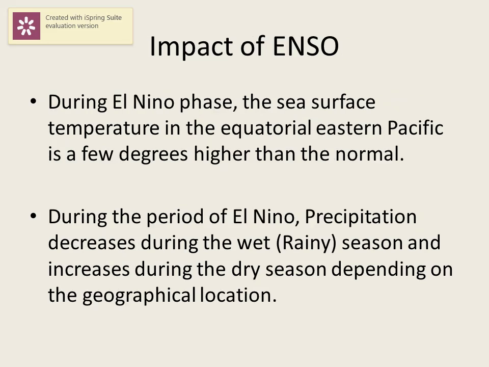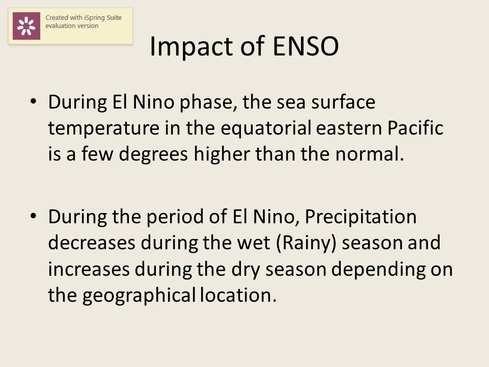So, what are some of the impacts of ENSO during the El Nino phase? Like I said, which is a warm phase, during this warmest phase of El Nino, the sea surface temperature rises above the average temperature of the region.